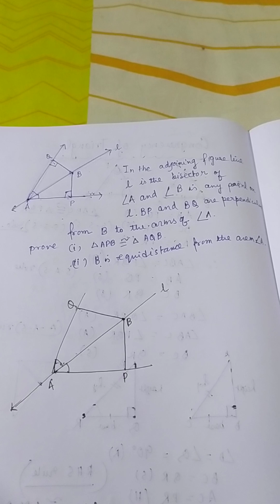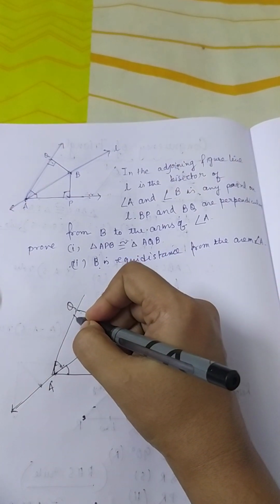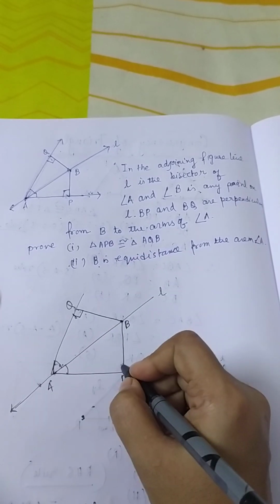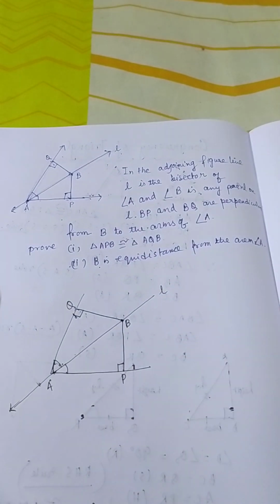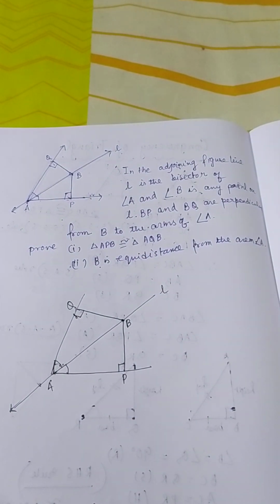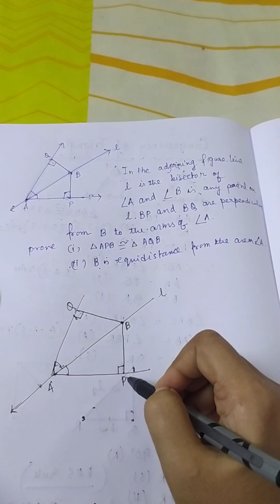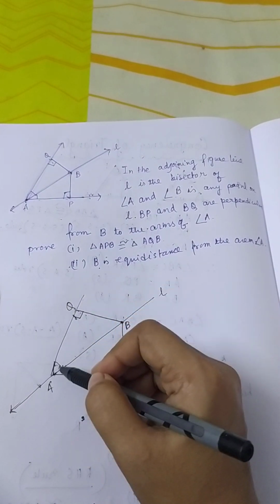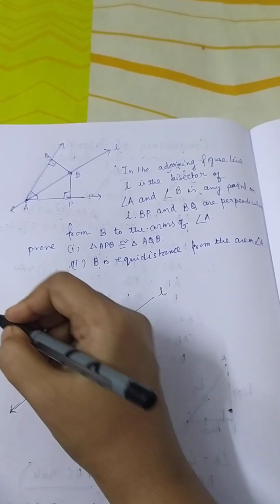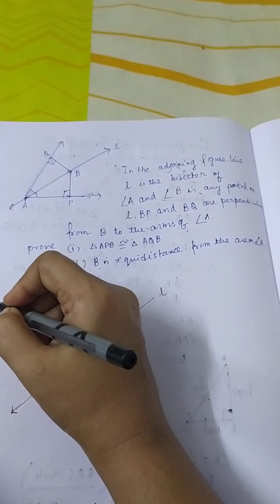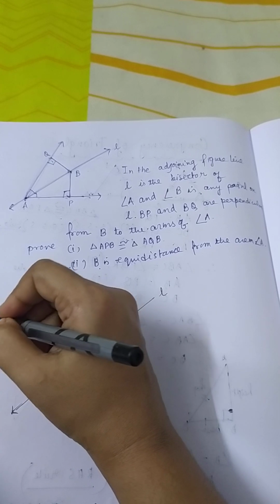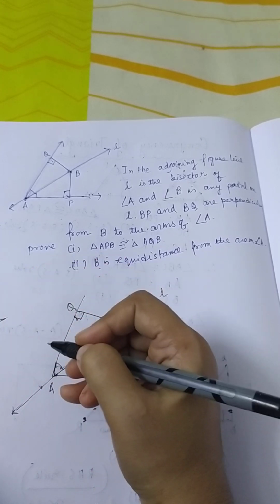Another piece of information given is that BQ and BP are two perpendiculars. These perpendiculars are drawn on the arms of angle A. Arms means that if this is an angle, these are its two arms.